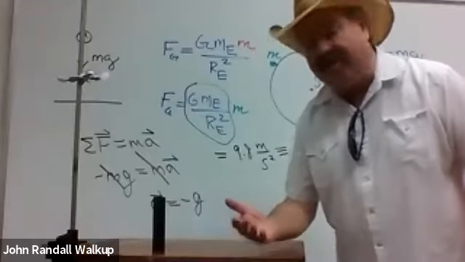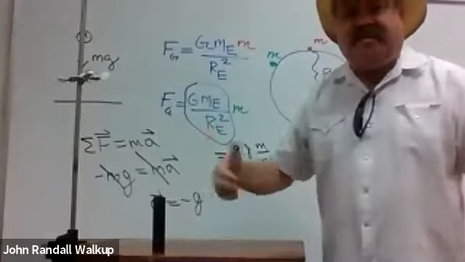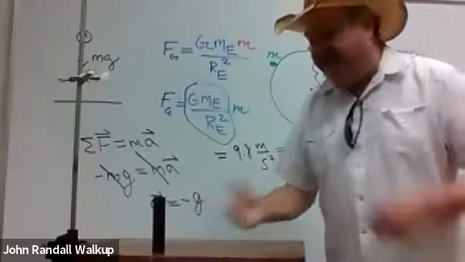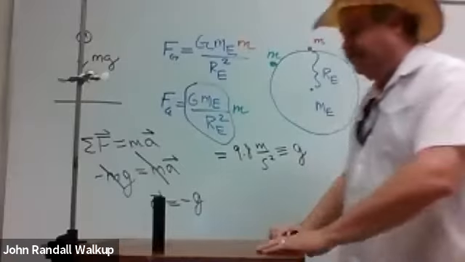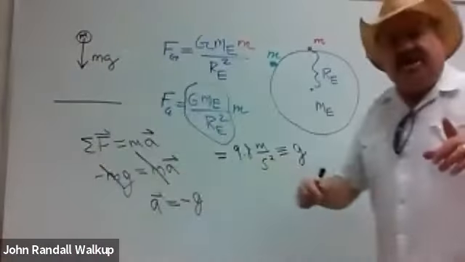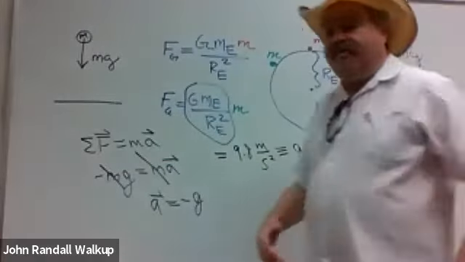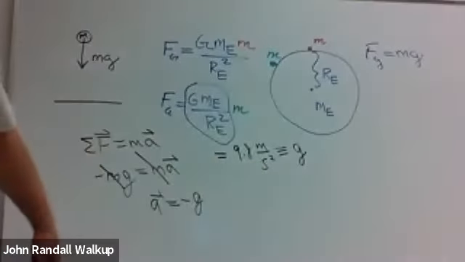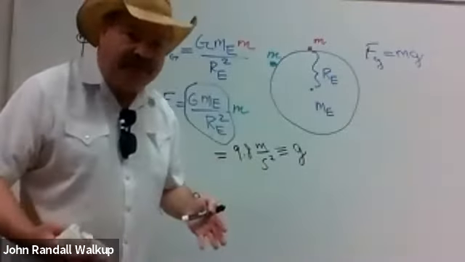Well, the only way for the forces to vector cancel is to have another force pointing up of the same magnitude. And that force is provided by the table, and that's called the normal force. And the word normal, as I mentioned, means perpendicular. And it is perpendicular to the surface creating the force.